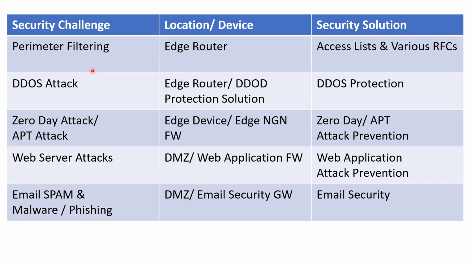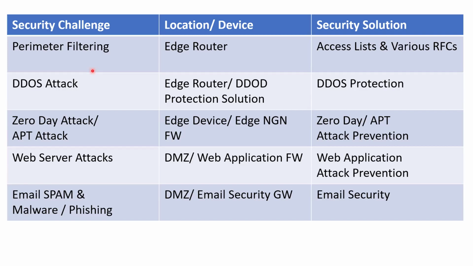Then there are web server attacks. The regions where we face these attacks are the demilitarized zone or web application firewall, and the possible solution is web application attack prevention.